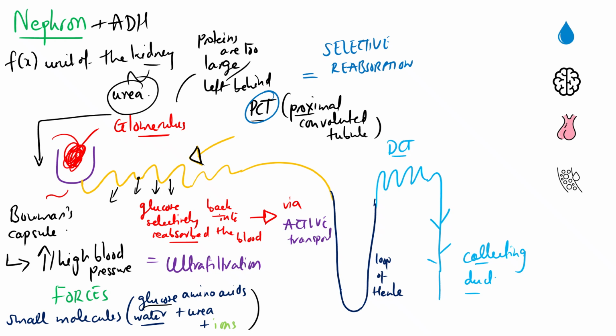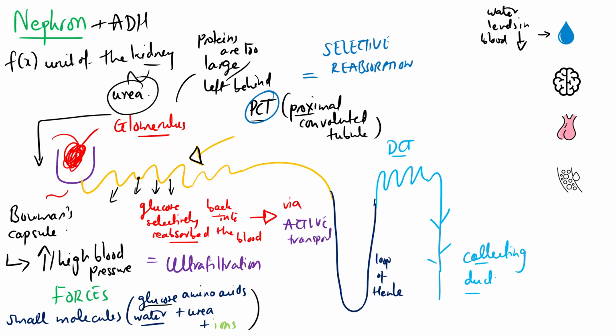So, DCT and collecting ducts are responsive to this 3-letter word. And I know you know it, but I'm now going to explain to someone who doesn't know it. Perhaps they've missed the lesson or their attendance is shocking. So, when you're really dehydrated, it's obvious that your water levels in the blood are reduced.